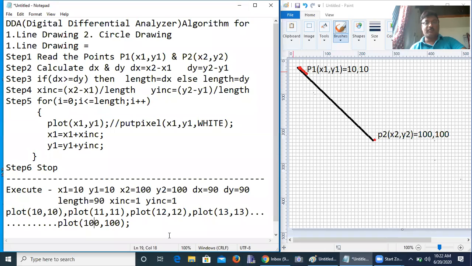So once the value of i is equal to 91, the loop is going to exit automatically.